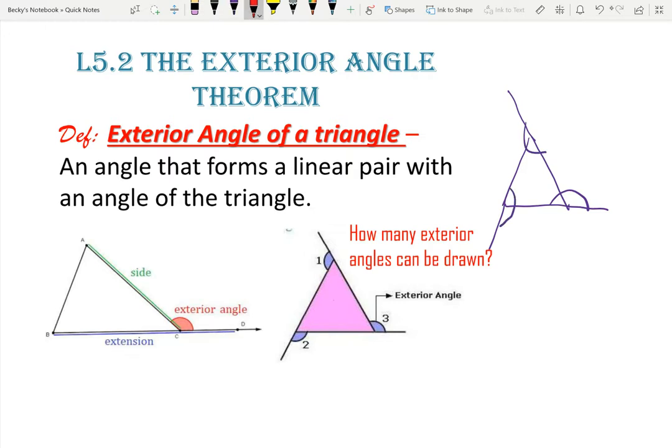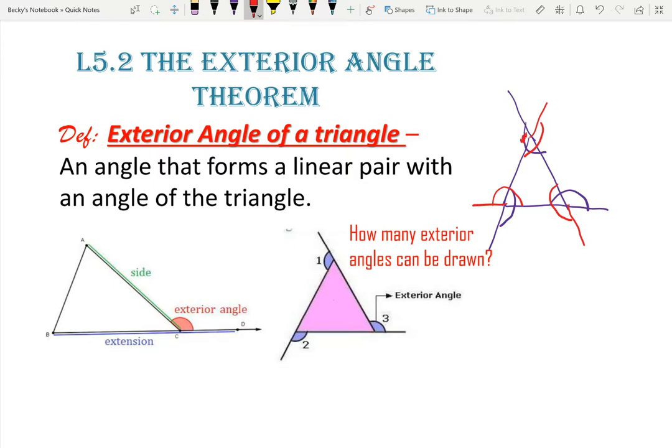But if I were to extend this one out, isn't that a linear pair as well? And if I were to extend this out, these two would make a linear pair. And if I extend this out, these two would make a linear pair. So technically, you could have 6 exterior angles.